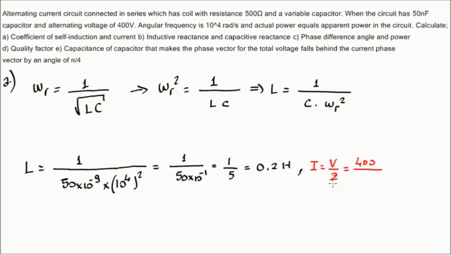In this question, if it is in resonance, Z equal R in resonance. So R equal 500, 400 over 500, it's going to be 0.8 ampere.